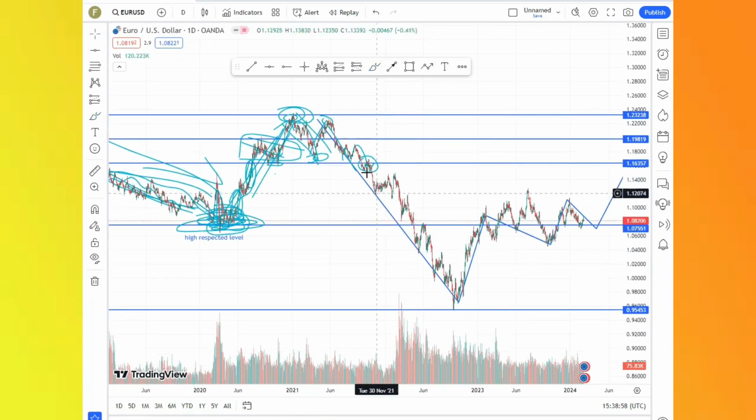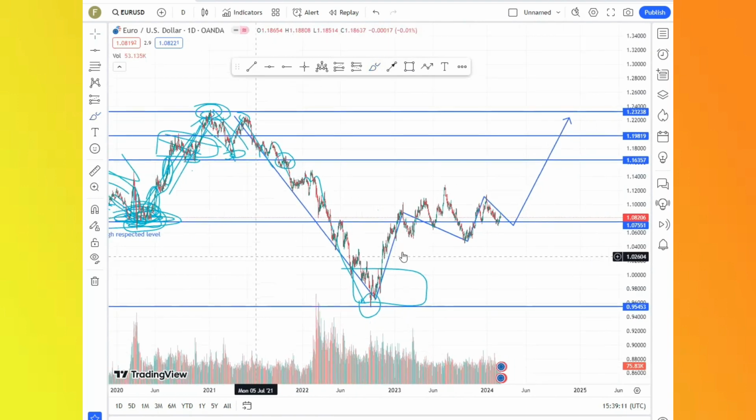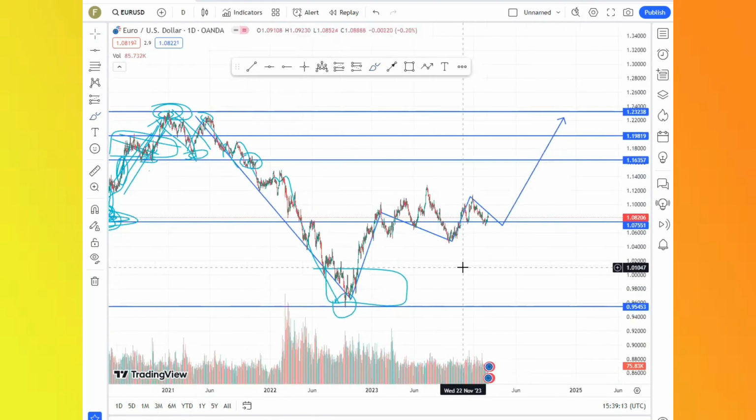You see, until this certain point here, till it came to the downside and having this major level here, which is what we are going to be focusing on currently.